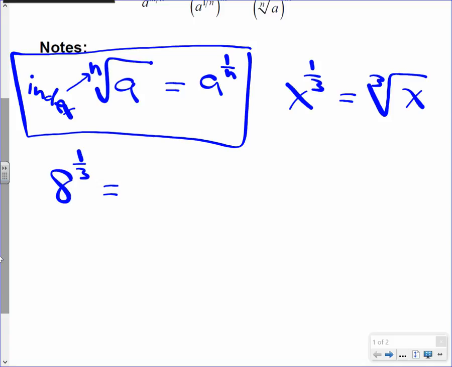Let's do it. So the denominator becomes the root. It'd be the cube root or the third root of 8, huh? Exactly. Which is really asking, what number can you multiply by itself 3 times to get to 8? 2.